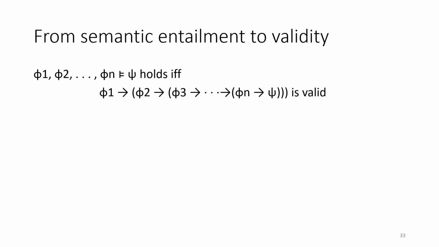And of course, because these are all implications, if any formulas on the left were not satisfied, then we don't care about the whole rest, right? So the semantic entailment was: any valuation that makes all of the formulas on the left true also must make the formula on the right true. So that's basically this implication.